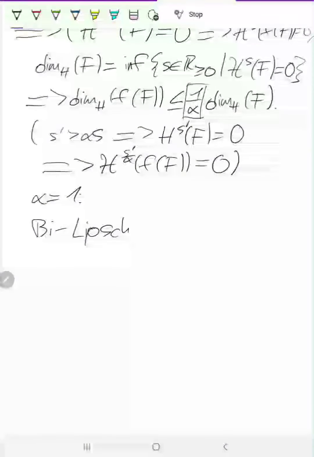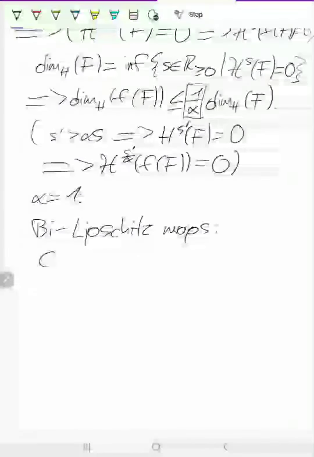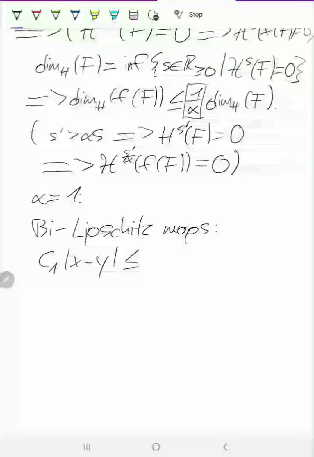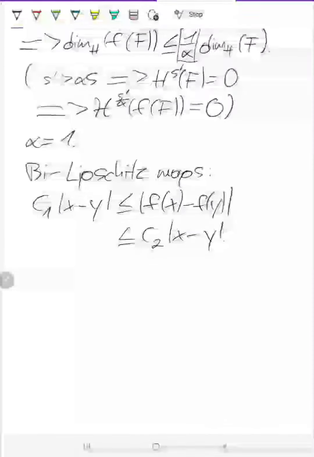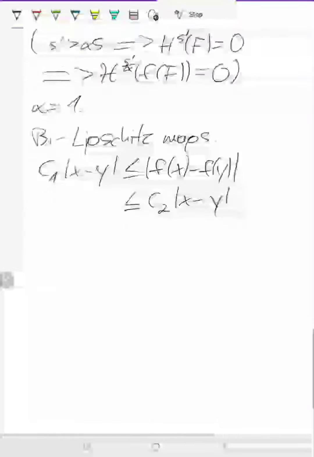These are maps where we have, let's say, C1 times the modulus of x minus y as a lower bound for the modulus of f of x minus f of y, and then we have a second constant for the upper bound.